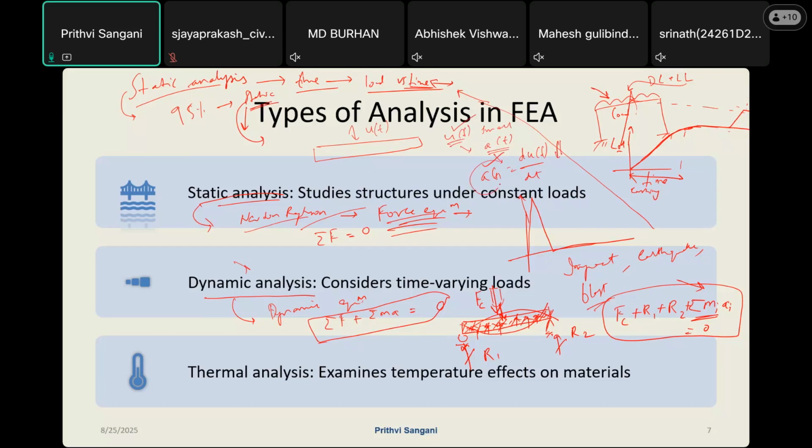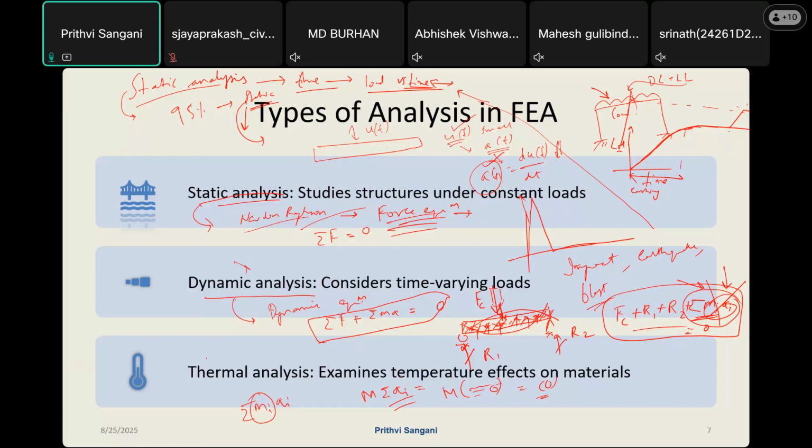If a of t is very small, then in the summation of M i a i, where M is the mass, a i is going to be very small. M into a very, very small quantity, which is almost zero, is nothing but zero. That's why in static analysis we don't consider the mass into acceleration term, but in dynamic analysis our accelerations are very significant, so we consider the acceleration terms.